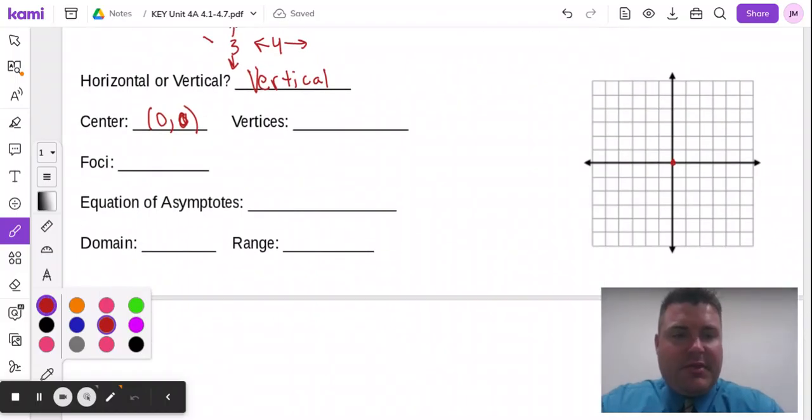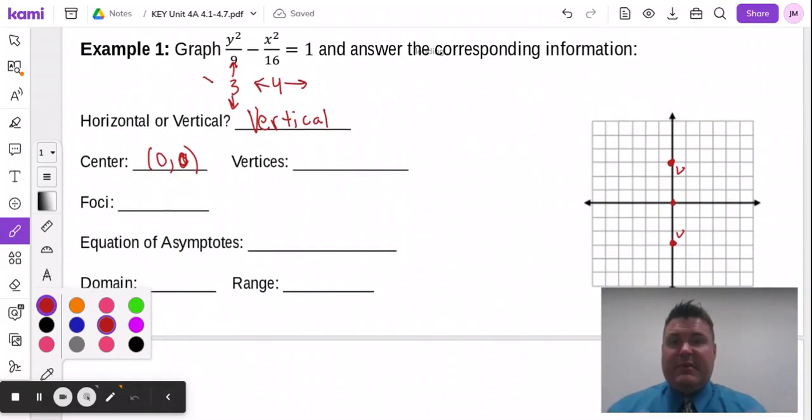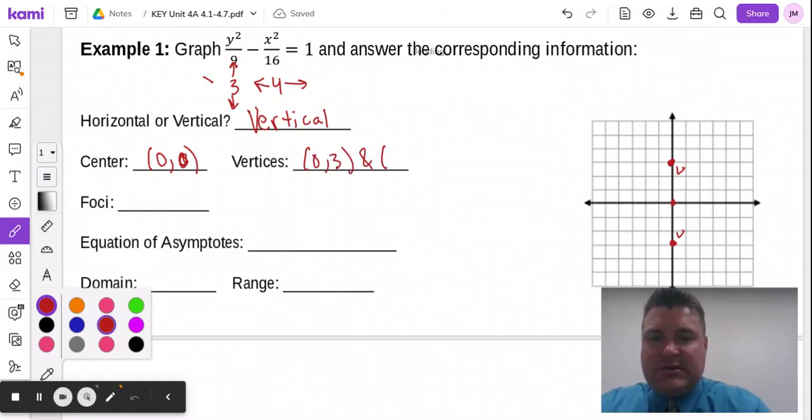So I'm going to go up 3, and this is going to provide me with my vertex right here because we are a vertical hyperbola. So my vertices are always in the direction of the positive variable. Since y is positive, we're going up and down. So we're going to go up 3. So it's going to be 0, 3, and it's going to be 0, negative 3.